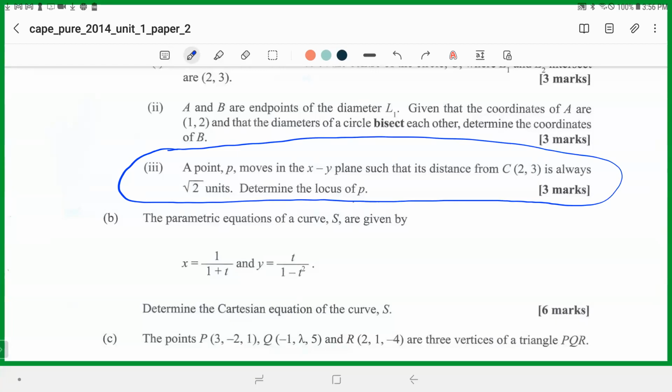They call the point P (x, y). The distance between these two points is equal to root 2. So I get an equation like this: the square root of (x minus 2) squared plus (y minus 3) squared is always equal to root 2.